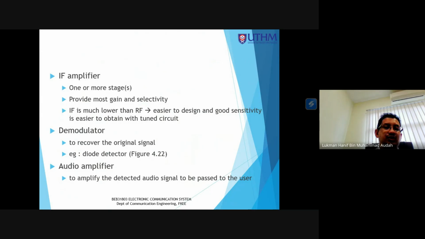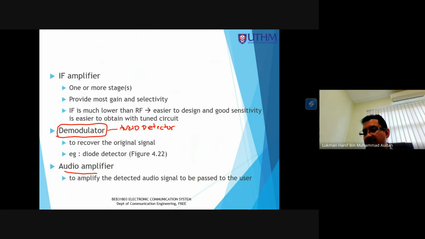And then we pass through the audio section, which contains the demodulator or audio detector in the picture. So audio detector will do the demodulation process to produce the original signal, and then we amplify the signal to make the amplitude becomes bigger.